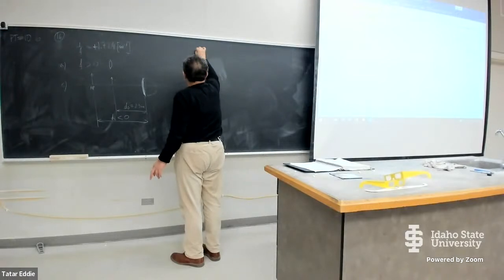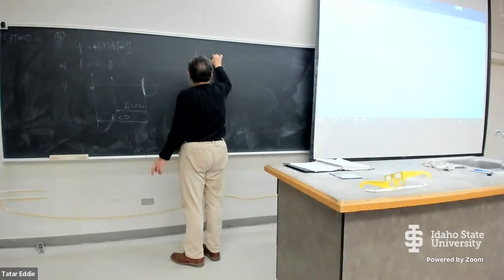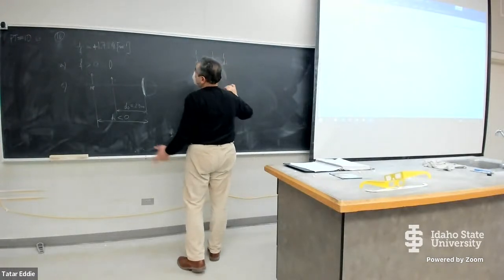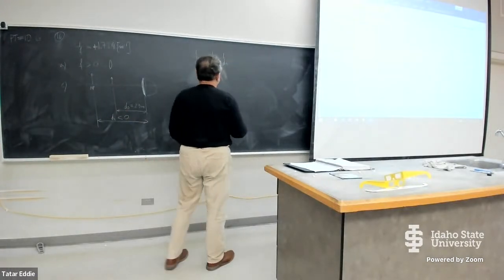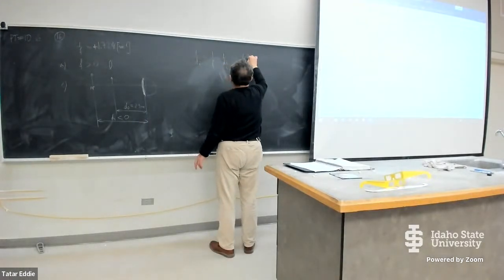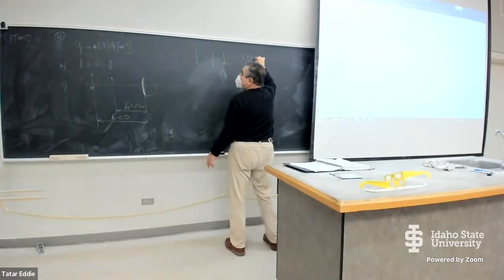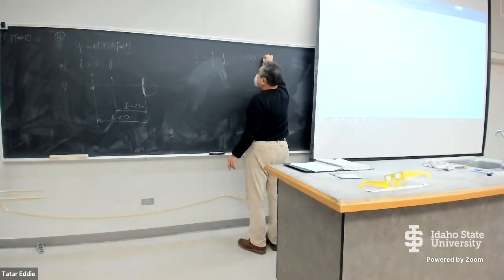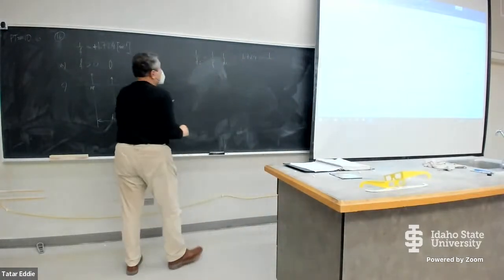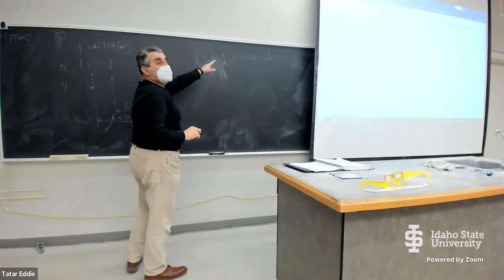You say 1 over di is 1 over f minus 1 over do, and you have to do the arithmetic after that. So it is going to be 1.724 minus 1 over, oh, this has to be converted into meters if you want to use those diopters.